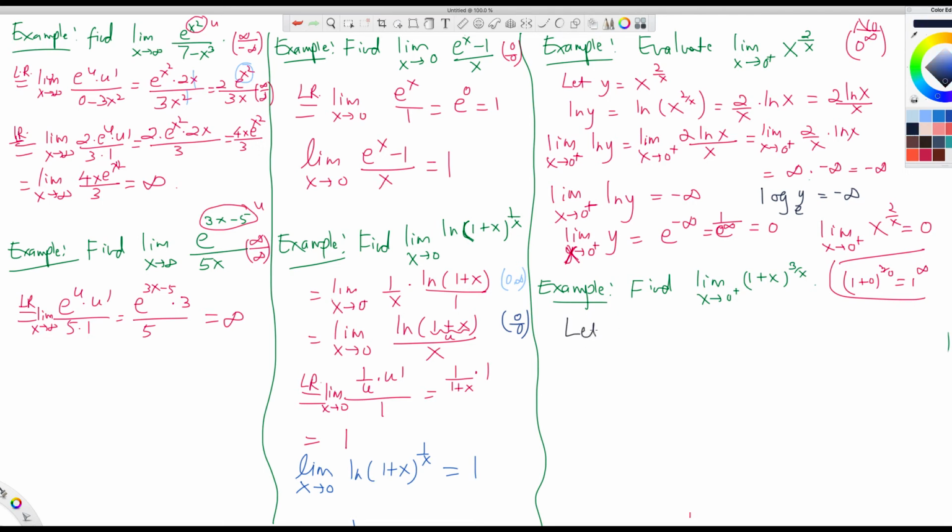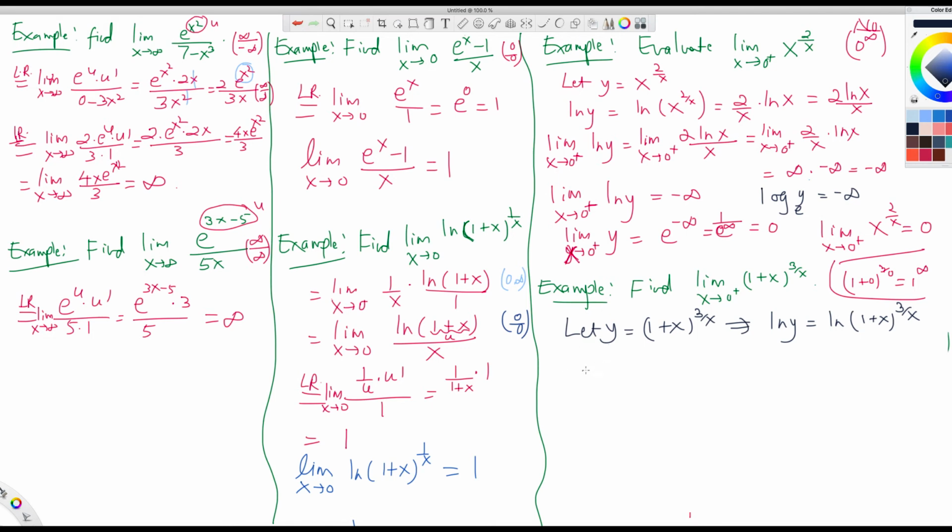Let y equal (1 plus x) to the 3 over x. Now take the natural log. If you take the natural log, you will get natural log of y equals natural log of (1 plus x) to the 3 over x. For the natural log, that exponent goes to the front.